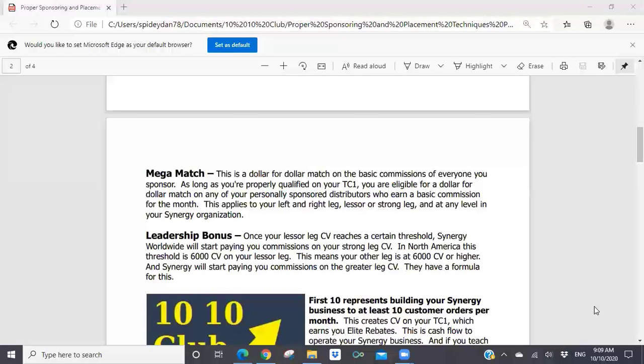So for example, if the left side was 2,000 CV and the right side was 3,000 CV at the end of the month, then the left side at 2,000 would earn you a 7% basic commission, which would be like $140.